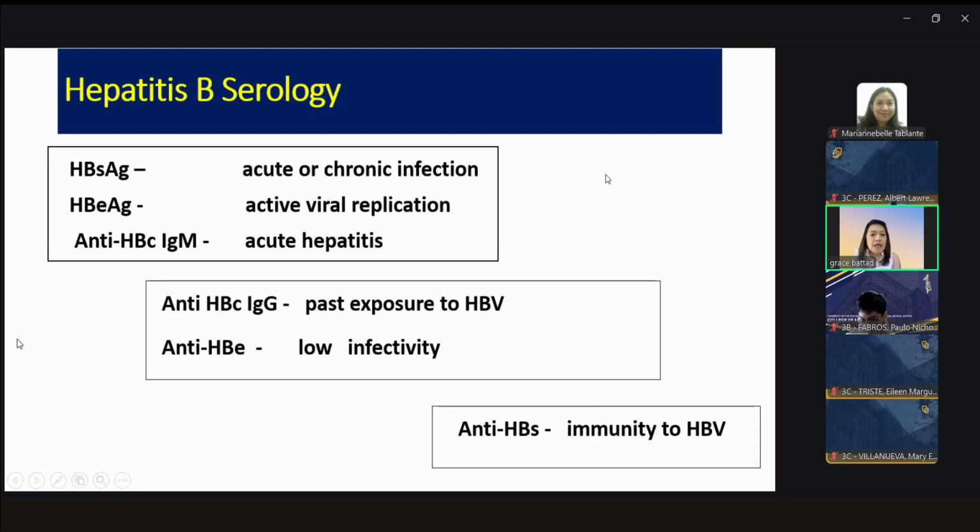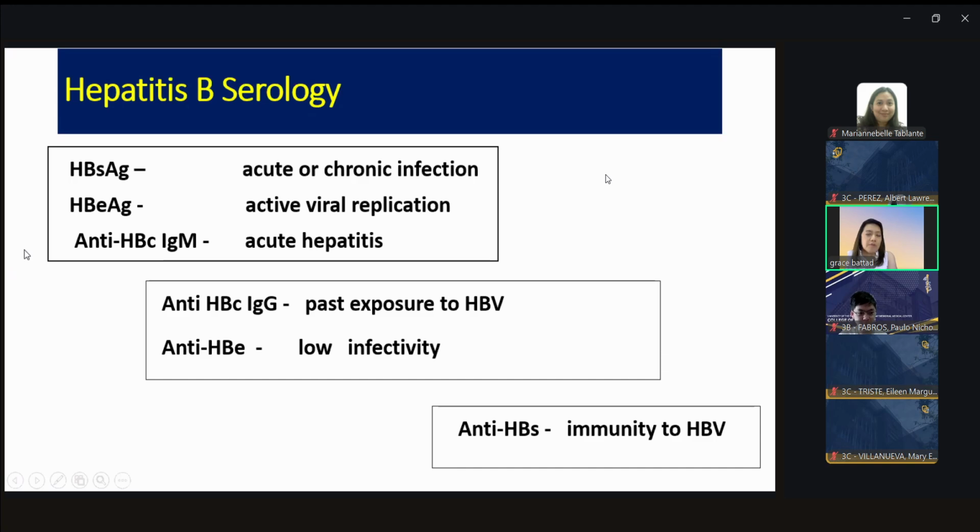So in hepatitis B serology, when you have a surface, an E, and an IgM, you are in the acute phase. Positive E antigen means you have active viral replication. So if it is IgM, it is acute. If it is IgG here, it might be a chronic infection.